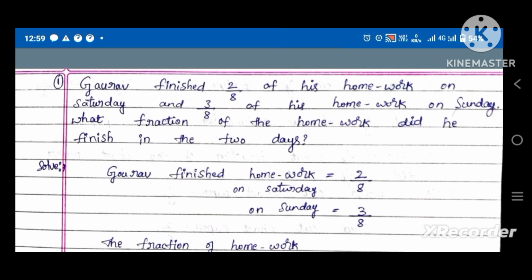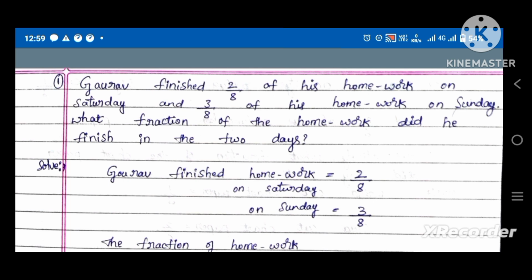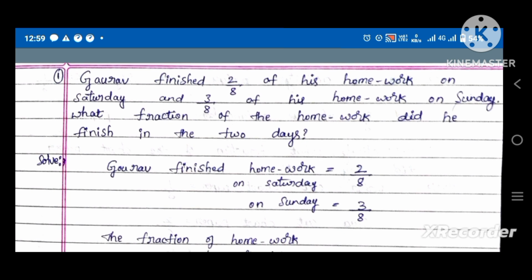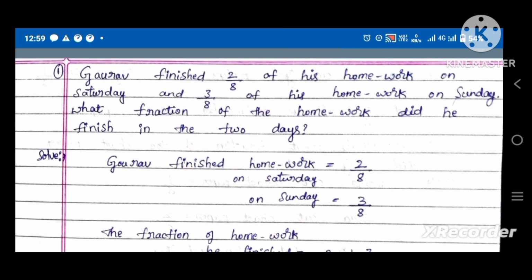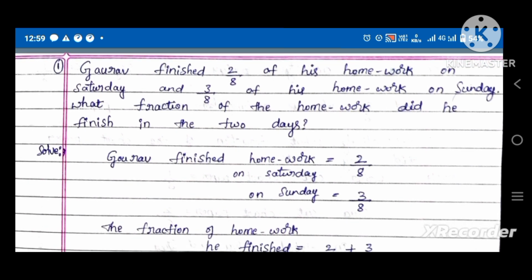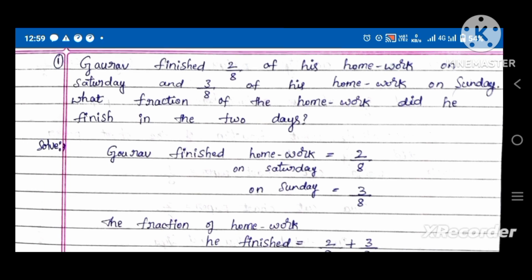First question. Gaurav finished 2 by 8 of his homework on Saturday and 3 by 8 of his homework on Sunday. What fraction of the homework did he finish in the 2 days? Solve. Gaurav finished homework on Saturday is equal to 2 by 8, on Sunday is equal to 3 by 8.